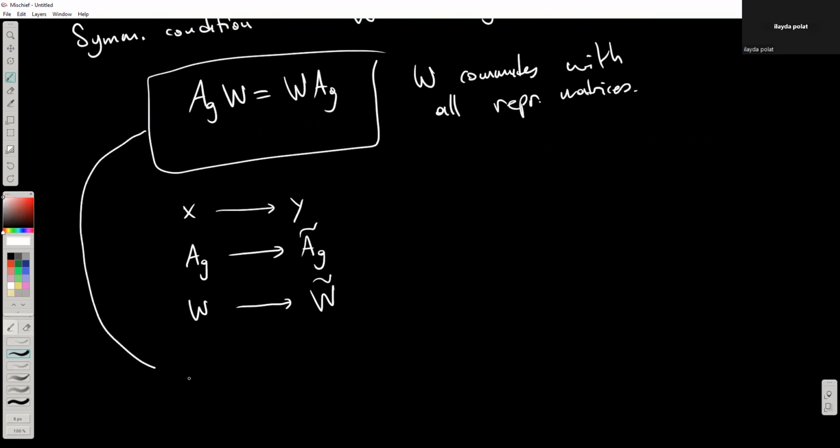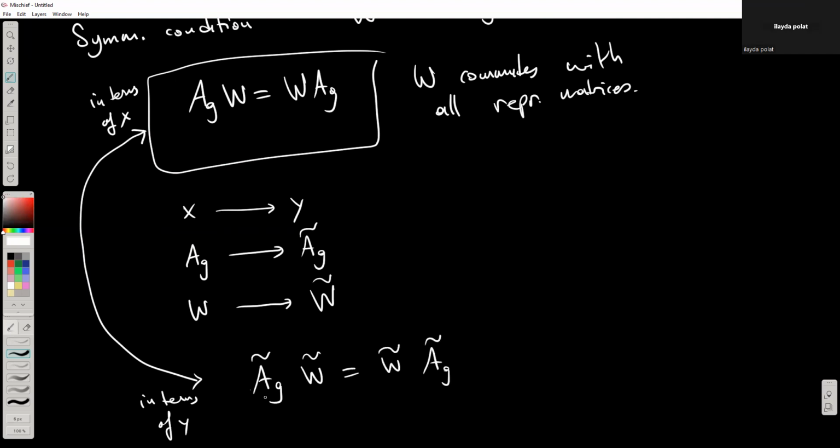So in any case, that's basically an equation in terms of X. But if I express these things in terms of the new coordinates Y that we have defined, the commutativity relation is just a commutativity relationship for these transformed matrices.